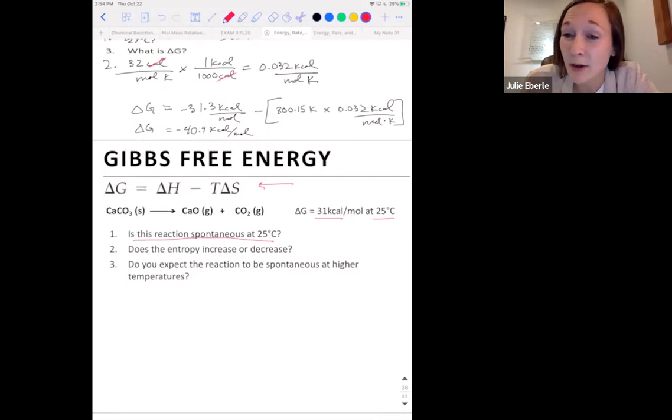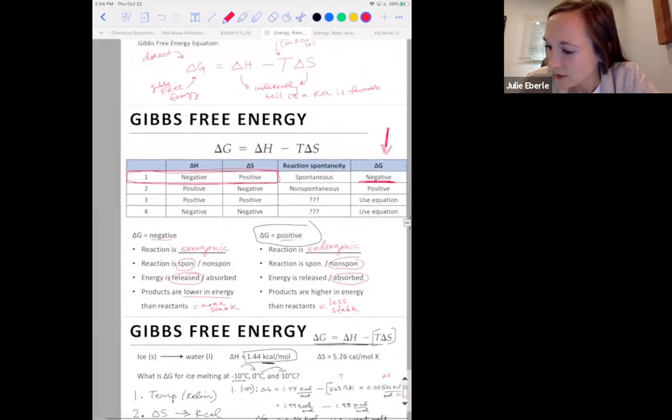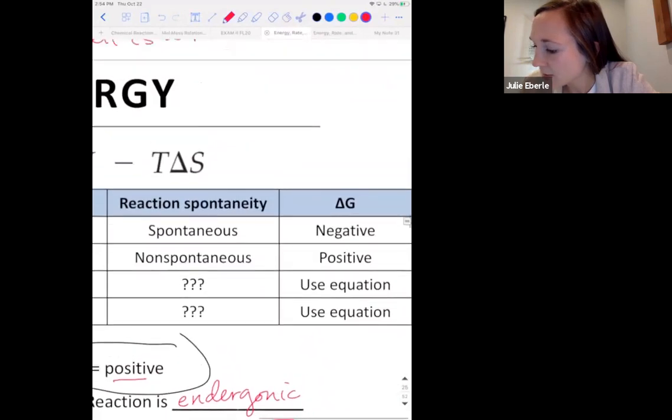Anybody think it's non-spontaneous? Well, here's the quick way to answer this. We don't have to do any math here. Everybody's like, spontaneous, question mark. Let's just go to the table. Remember our dear friend, the table? Look, if delta G is negative, what does that mean? Reaction is spontaneous.